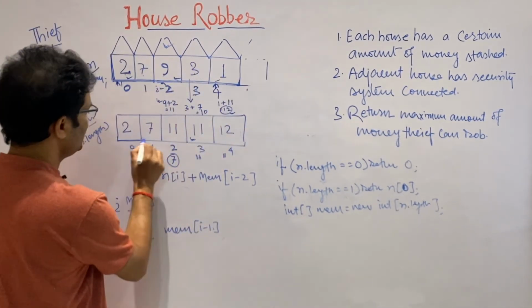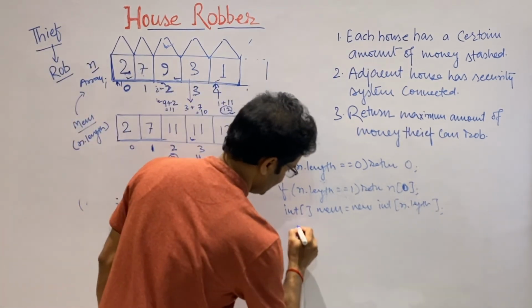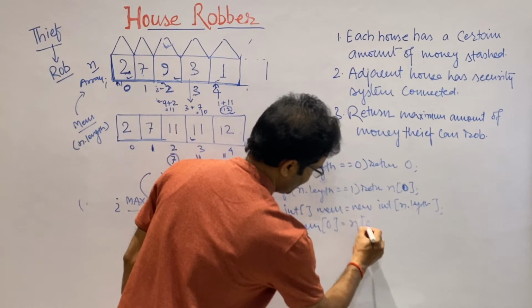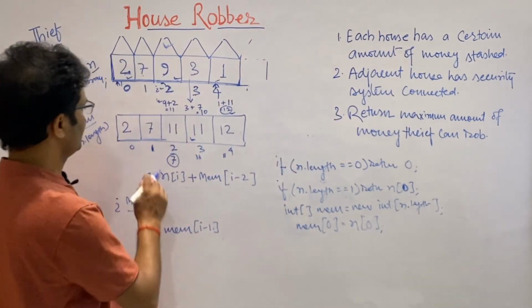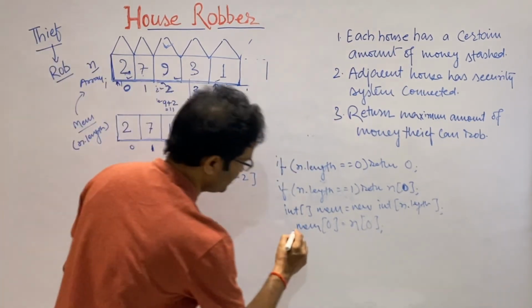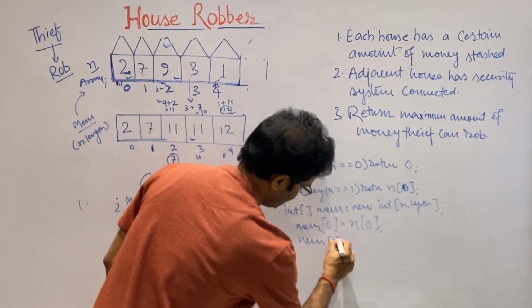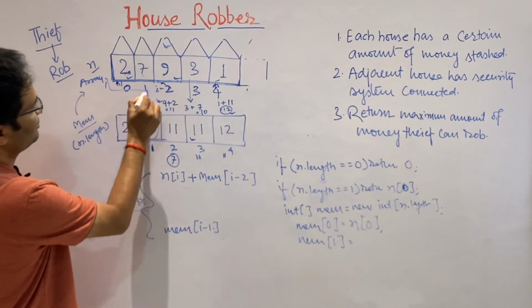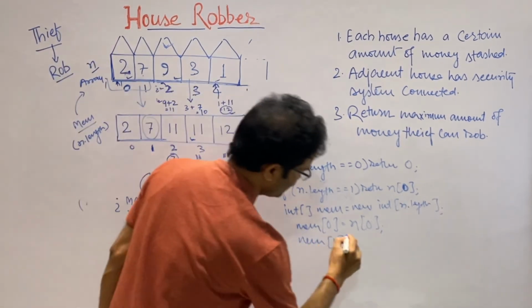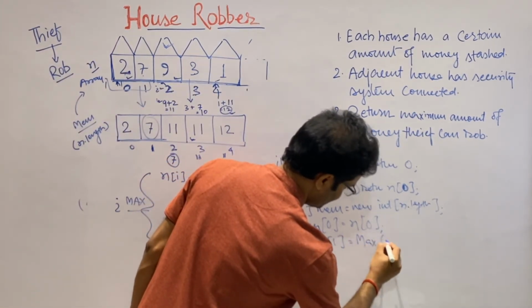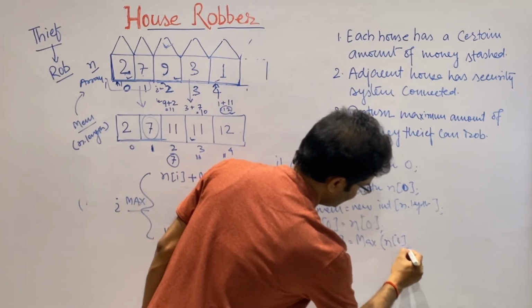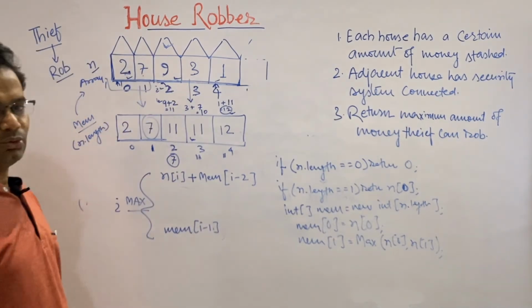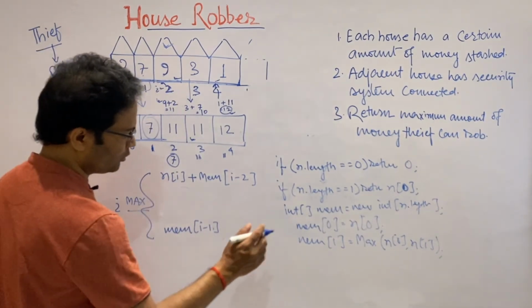Because these two elements I am going to fill manually. So mem[0] is equal to nums[0], because suppose there is only one element. For mem[1], whatever is the maximum of these two, so max of nums[0] and nums[1]. Then we can go to the for loop.